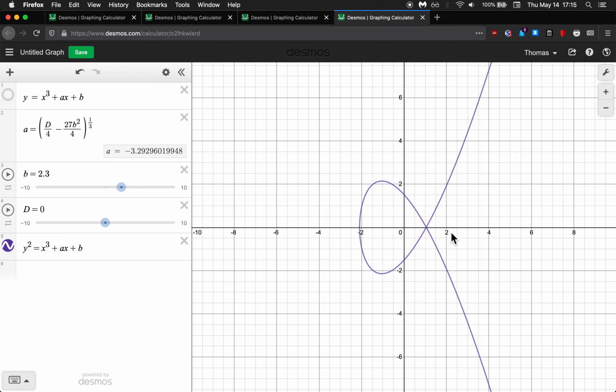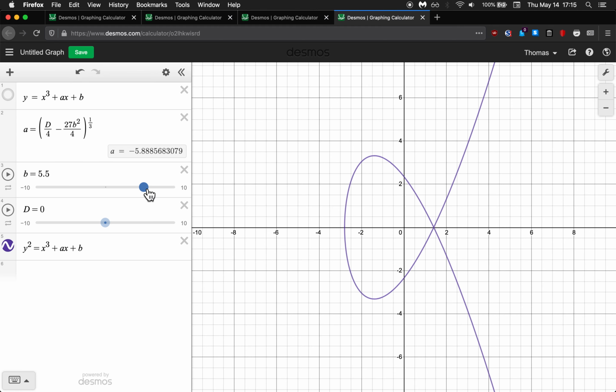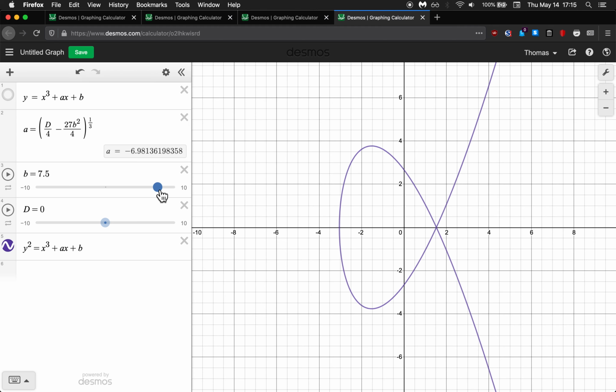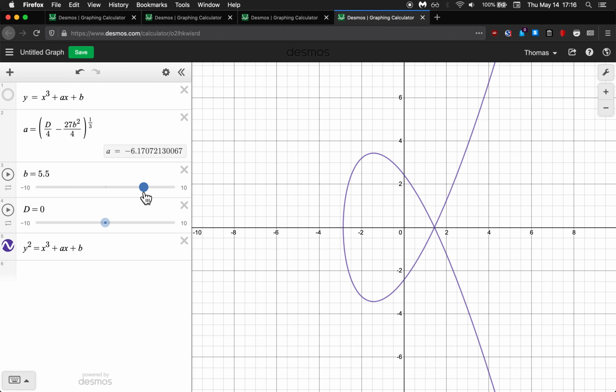And here is something that I have not seen so far. My elliptic curve loops around and crosses itself. And I can pick whatever b value I want, fixing the discriminant as 0, and all of these elliptic curves cross themselves.